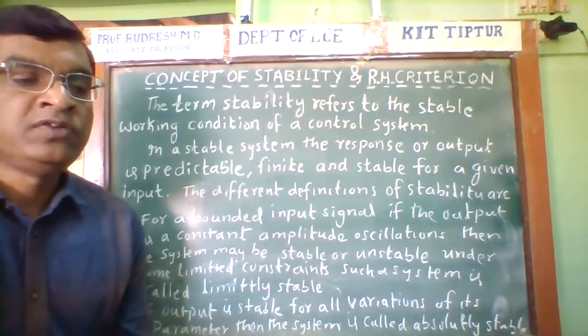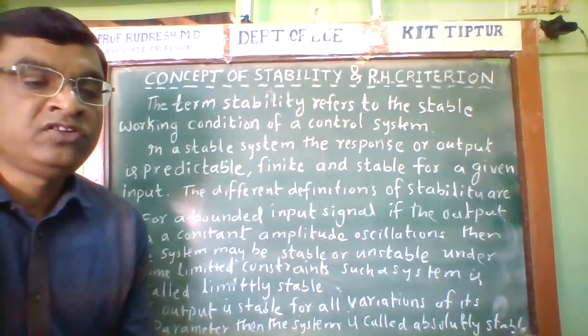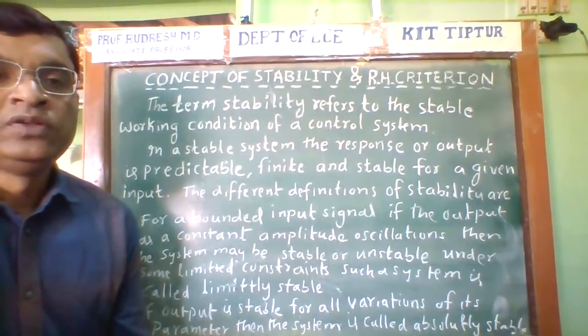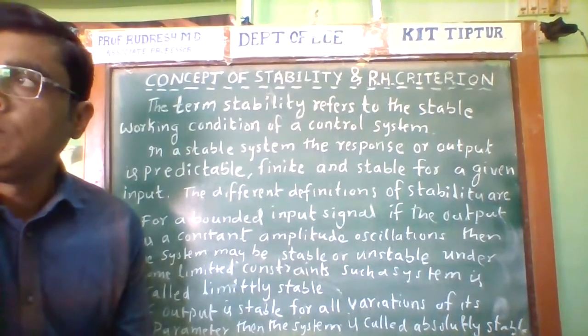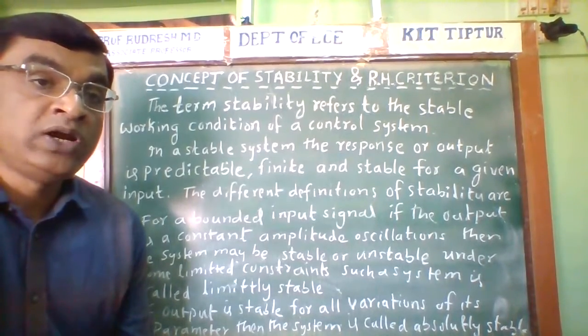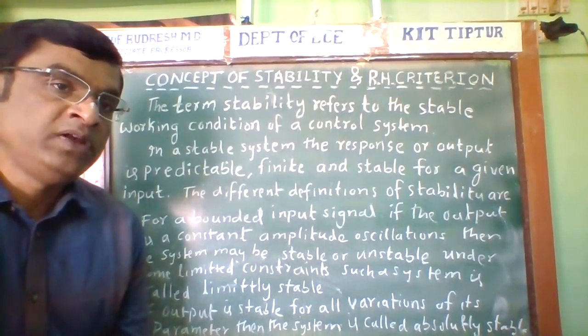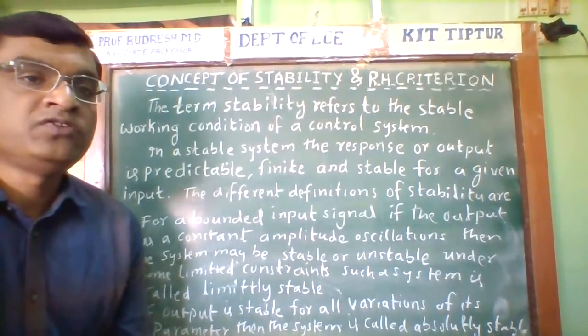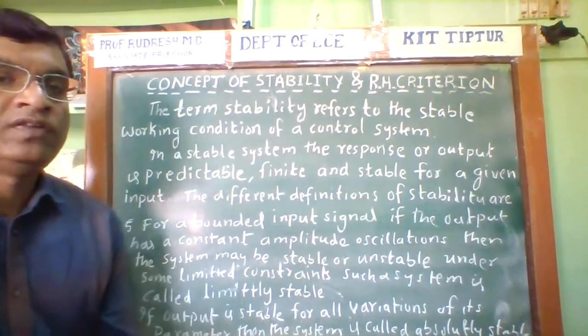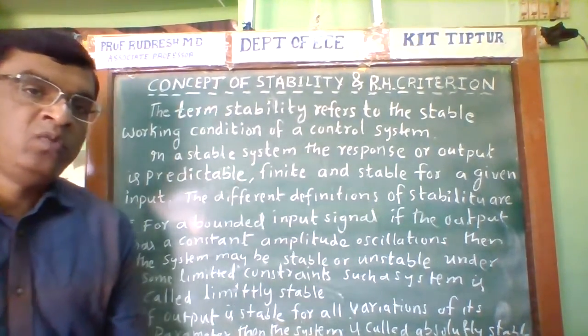A system is also stable for a bounded disturbing signal if the output vanishes. Such systems are called stable working systems.